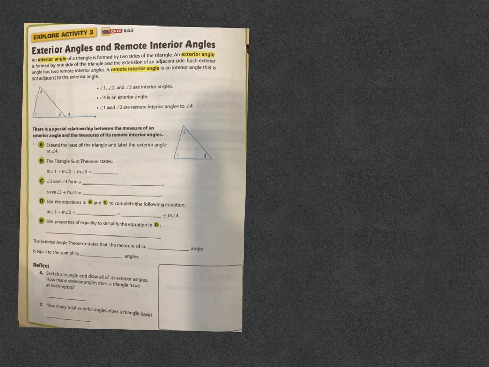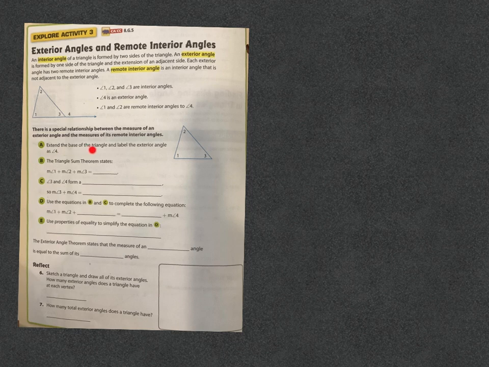So not right next to is what they mean by remote interior angles. Remote meaning away from. So angles 1 and 2 are remote interior angles with angle 4. There's a special relationship between the measure of an exterior angle and the measures of its remote interior angles. There's a connection between them, and this is what they're going to show us.